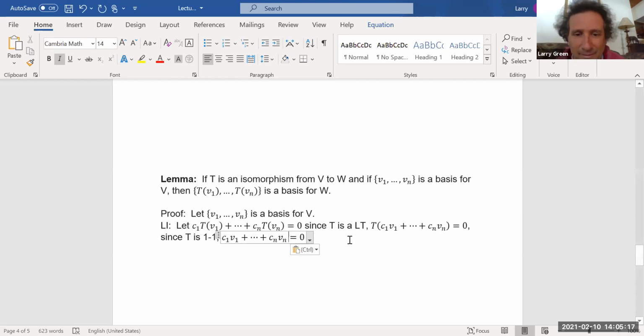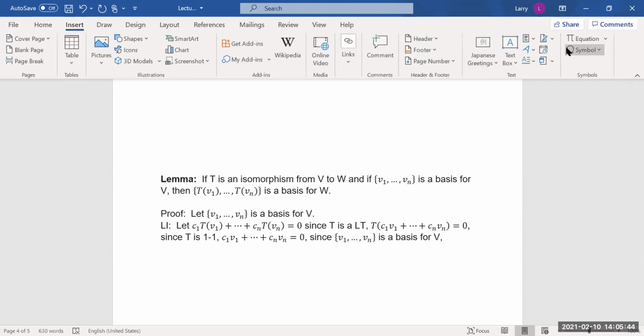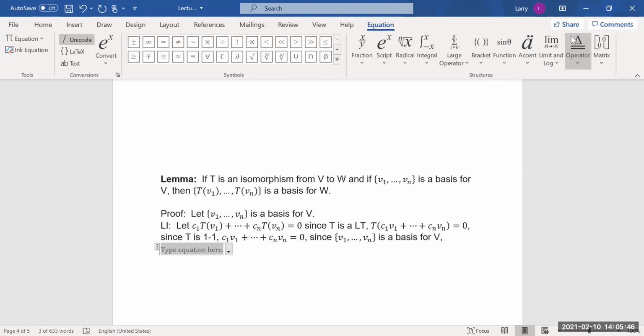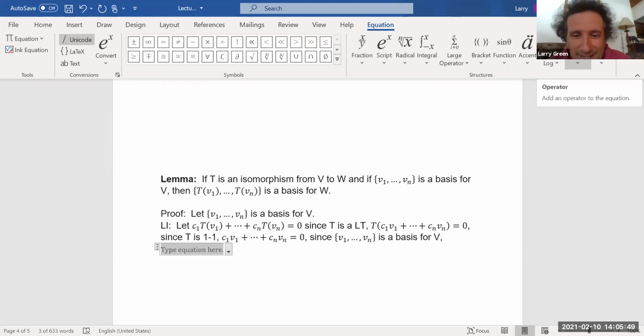Since we know that V1 through Vn is a basis for V, what does that tell you about the C's? They're arbitrary? Oh no, definitely not arbitrary. That's our whole point.